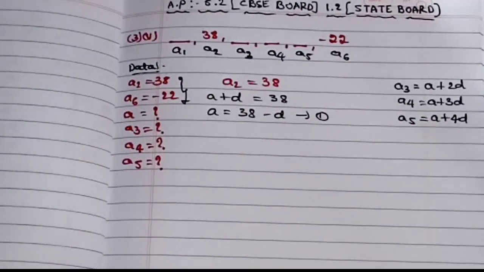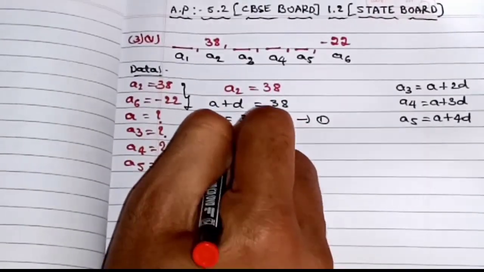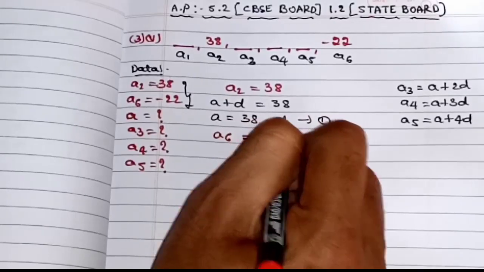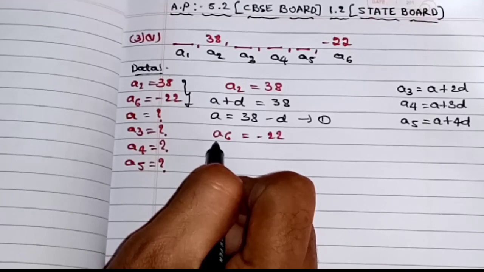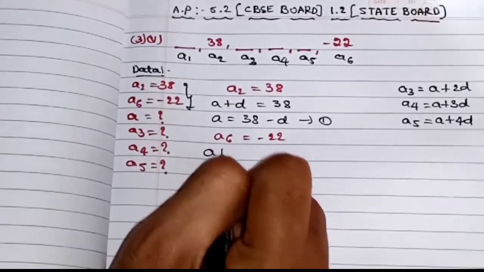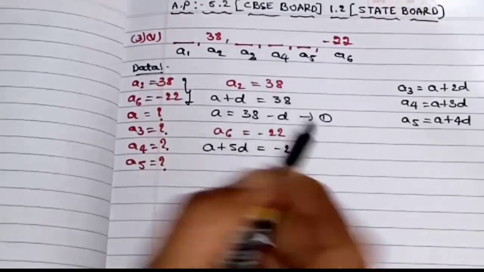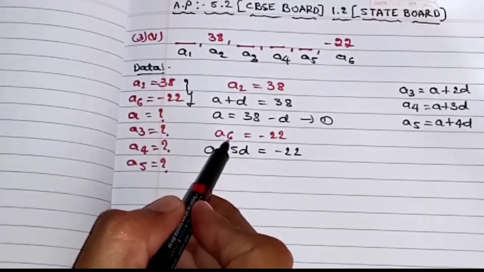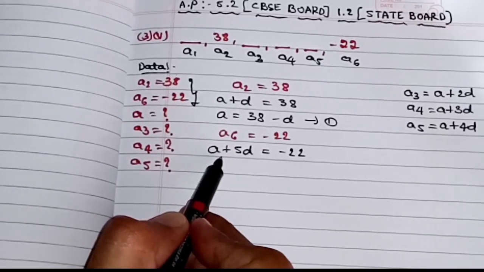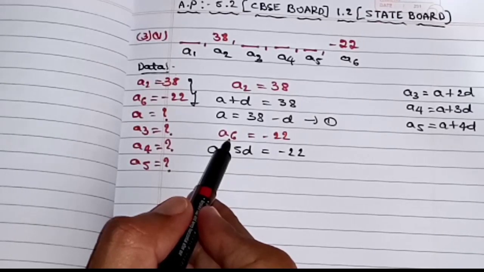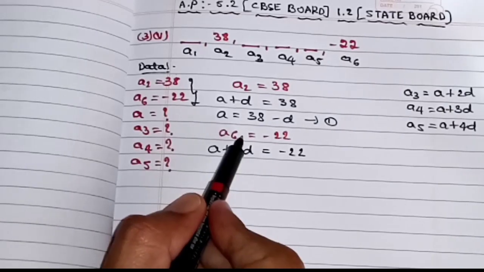Okay, now just take down the second condition. So what is the second condition? Second condition is a sixth term is minus 22. Okay, now what is the formula to find the a sixth term? So a plus 5 into d is equals to minus 22. Now just observe a sixth term. By using the nth term formula, we have written this formula. The nth term formula is a plus n minus 1 into d. Here n is how much? 6.